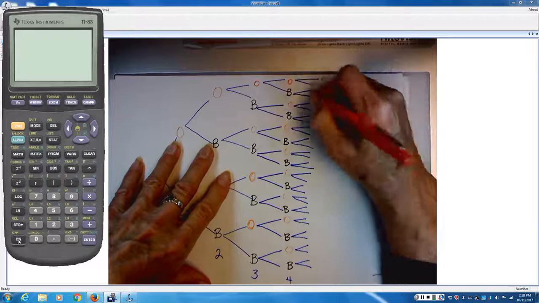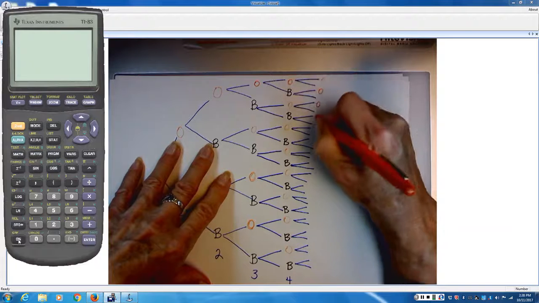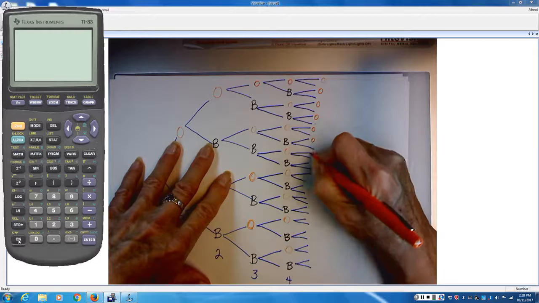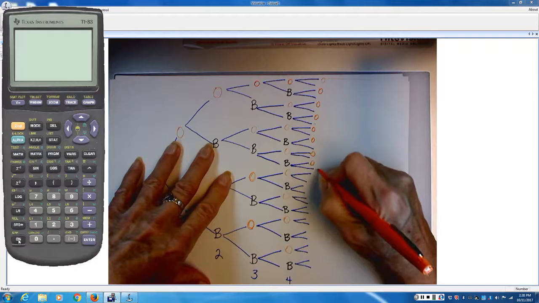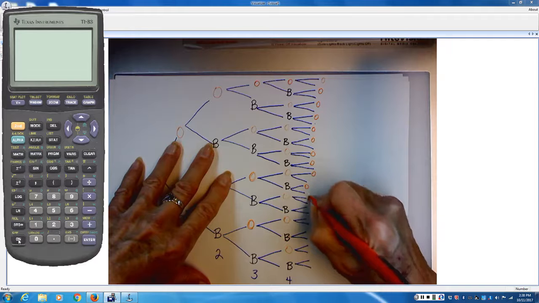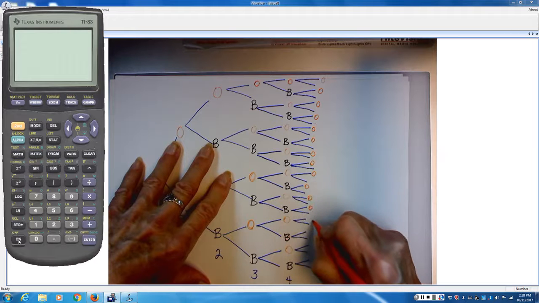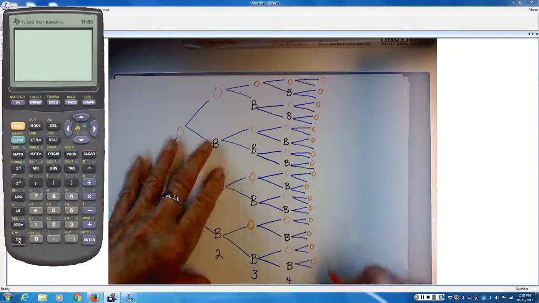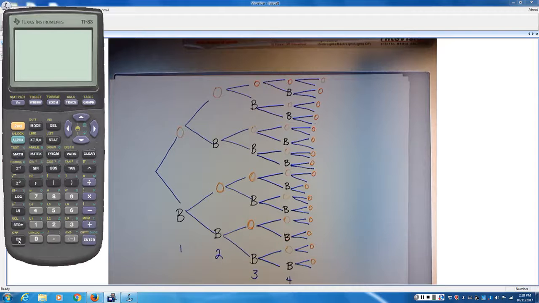So my last pick is either orange, or it's brown.